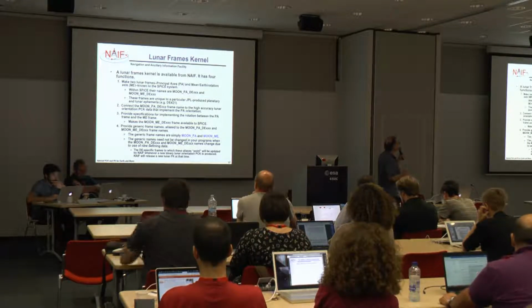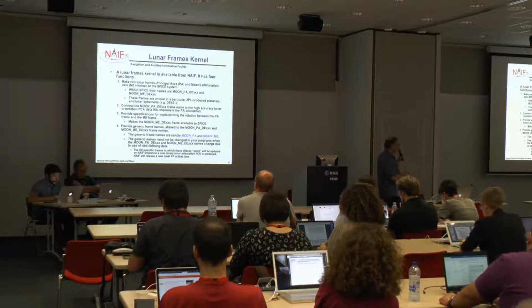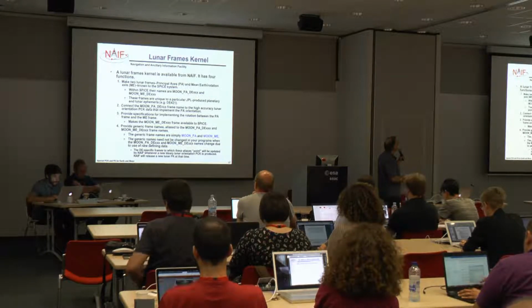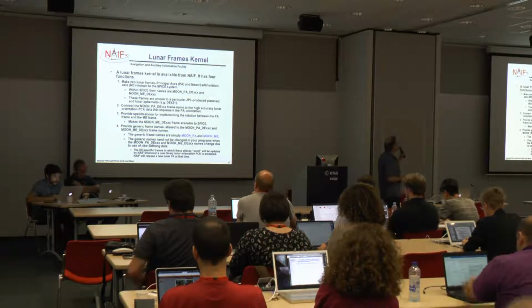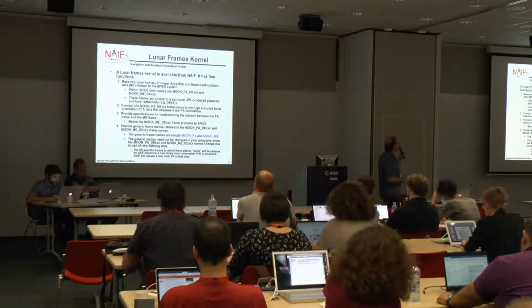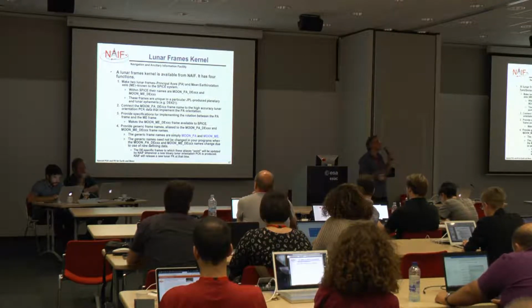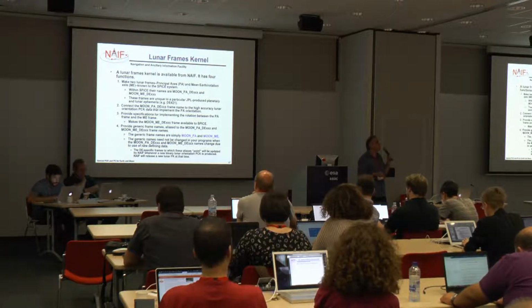One is it defines both the moon PA, that's the principal axis frame, and the moon ME frame for a given DE. So these frames are not the same for different DEs. Particularly the PA frames differ more from one DE to another because the principal axis frames are dependent on the mass distribution of the moon.